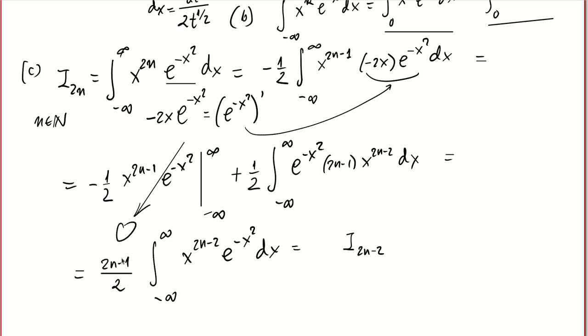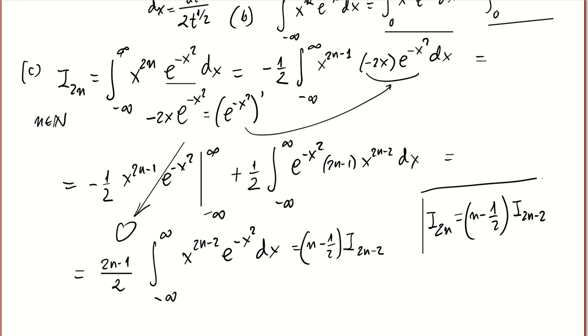And this factor here, you can divide term by term. 2n over 2 is n, and then we have minus 1/2. So that is the recurrence that we have found. So we found that I_2n is equal to (n - 1/2) times I_(2n-2). There you go.